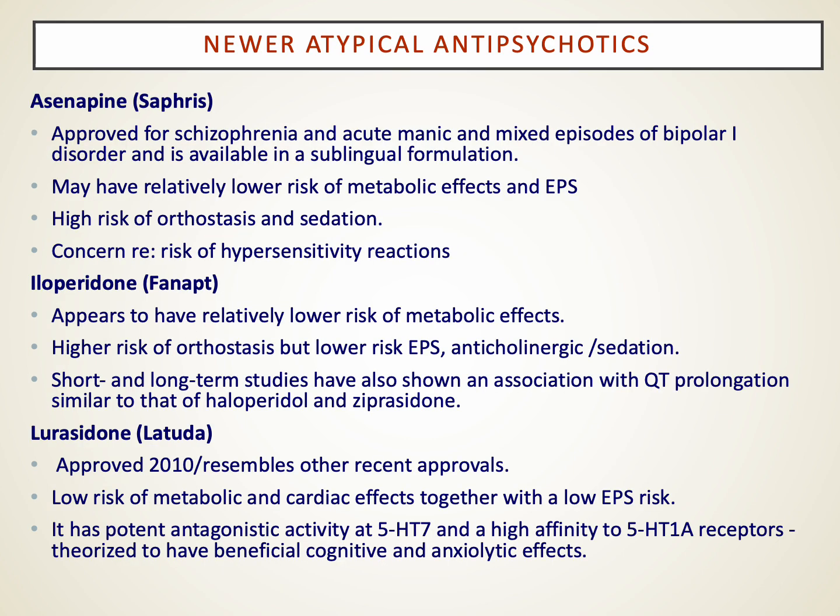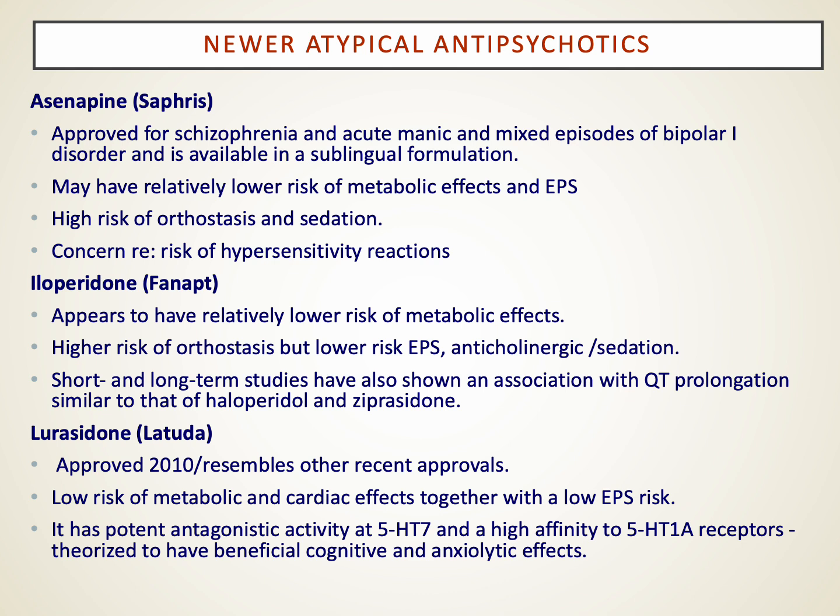And then there's a list of some of the newer atypical antipsychotics. Some of these agents I list here have been around for the last 4 or 5 years or so, some more so than that. Of all of them, I'm only going to focus on 1 or 2. The rest of them really have a role, but they're going to be more expensive for patients because they're still only available as brand name products, and they may or may not have that much of an advantage over existing drugs.